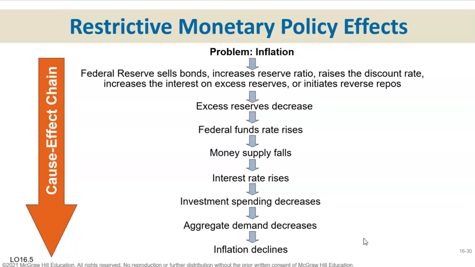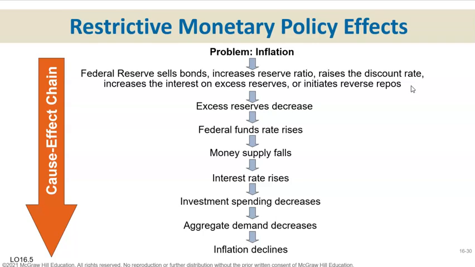Now, if the Fed wants to use restrictive monetary policy, they're going to do that in times of inflation. And restrictive monetary policy means that they're going to decrease the money supply. To decrease the money supply, they can use one of their tools.